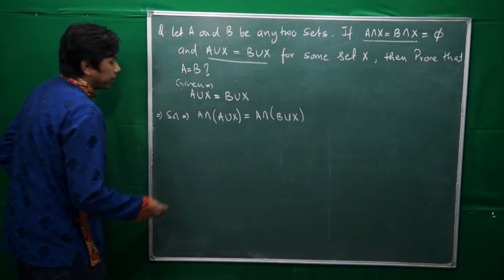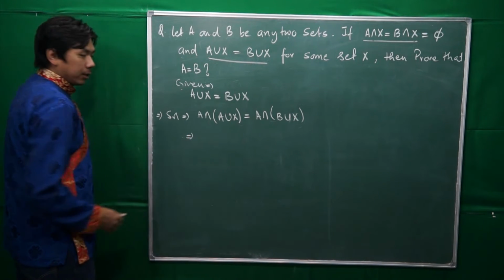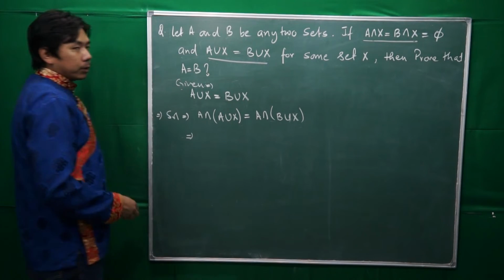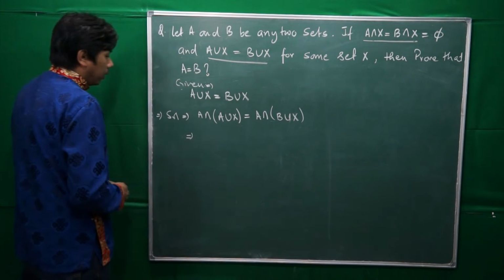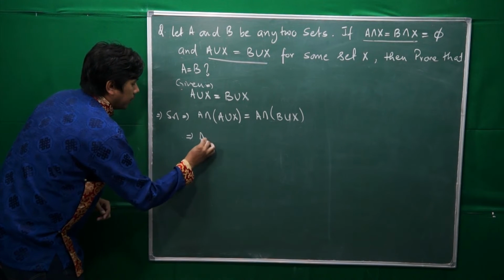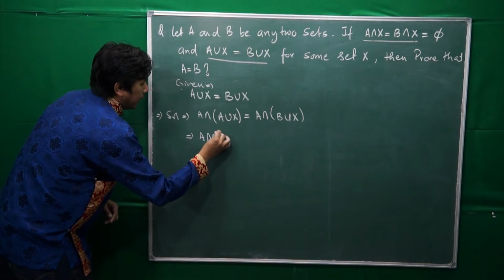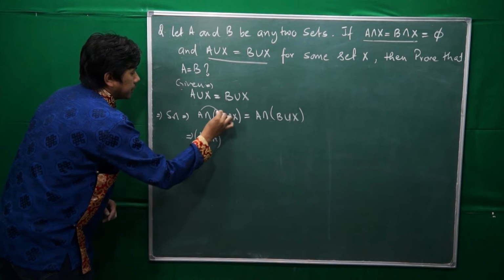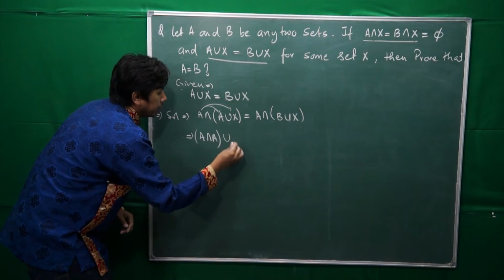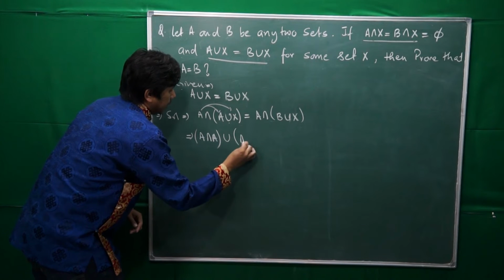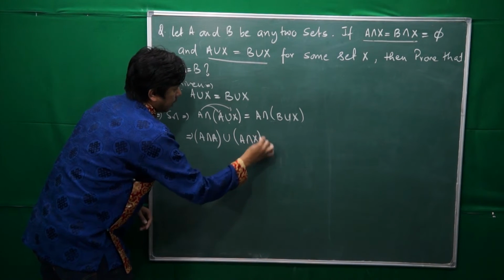So the next step would be opening the brackets. By opening the brackets, we are going to apply the distributive law. So this would become A intersection A, this into this, and then this into this. What is in the center? It is union. What is A intersection X?